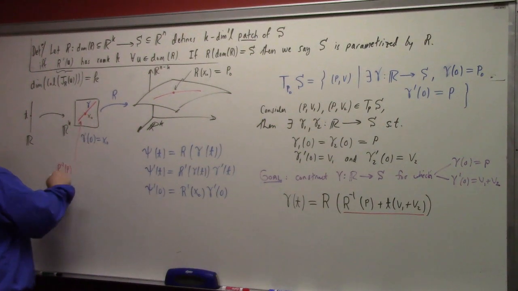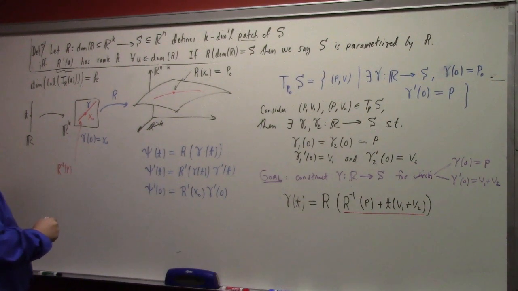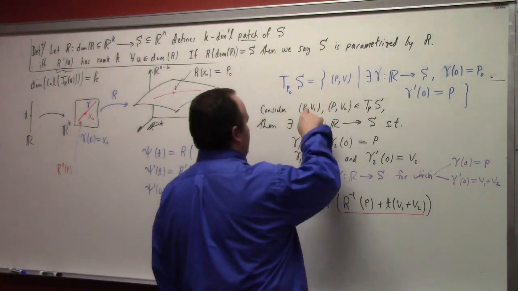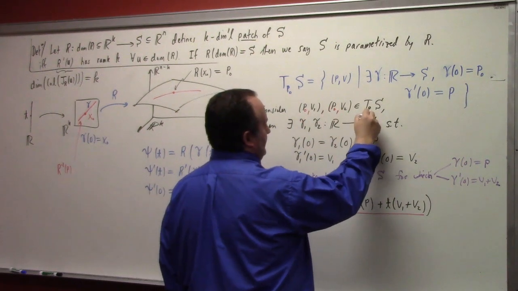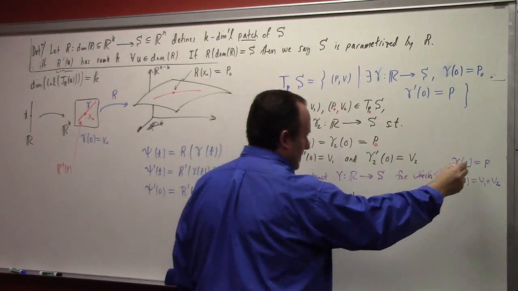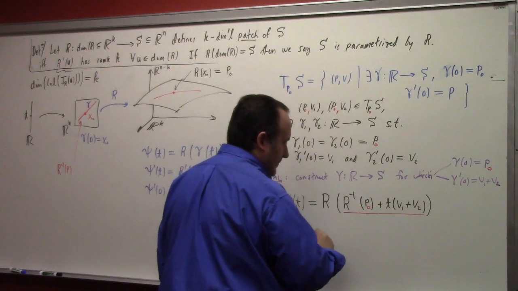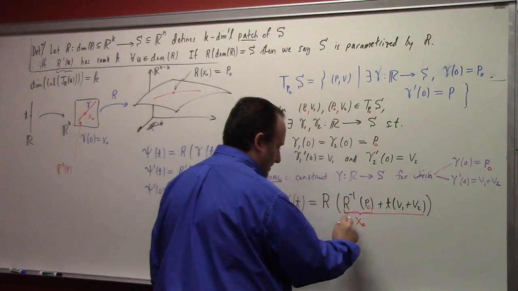This point p, this would be R inverse of p. If you want to, I can add knots on these p's to make my picture coherent. Fine. So this is quote unquote x naught in my picture, right?